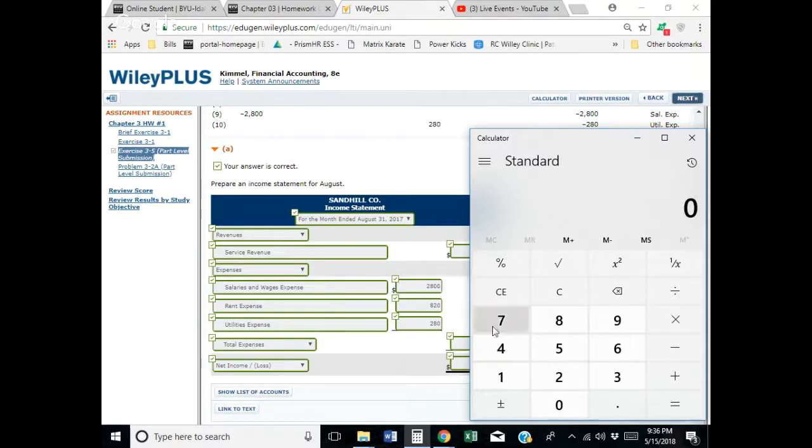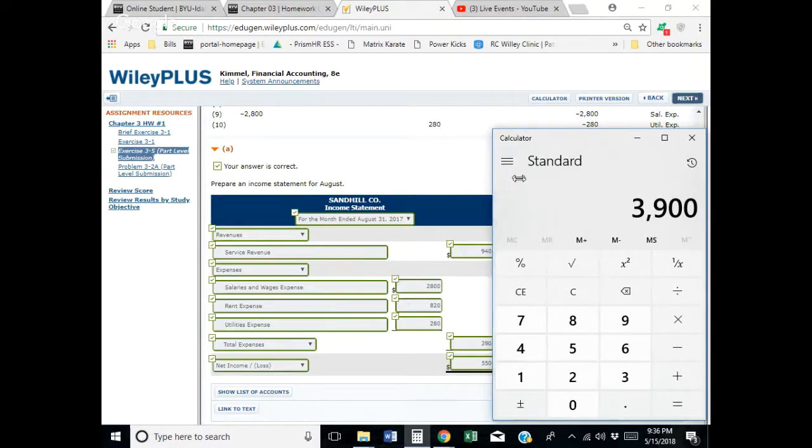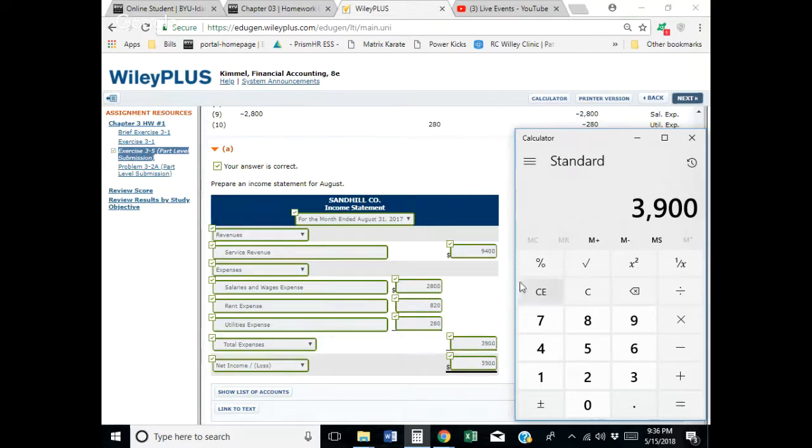Okay, so you have salaries and wages of 2,800 plus rent expense of 820 plus utilities expense of 280. Gives us total expenses of 3,900.